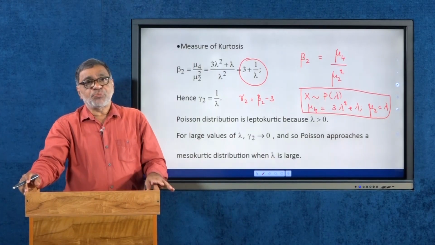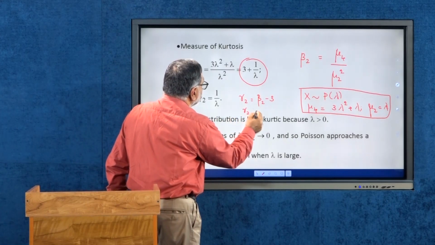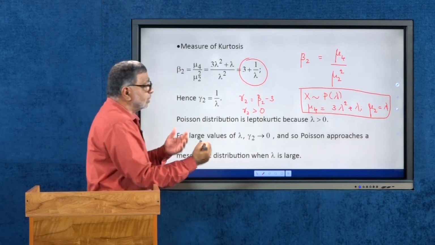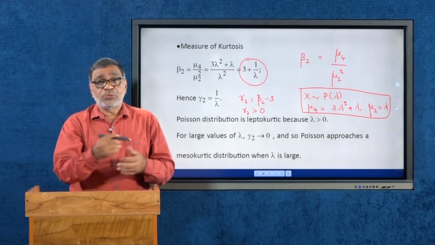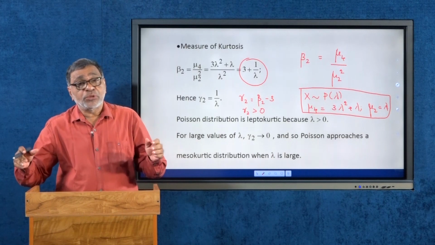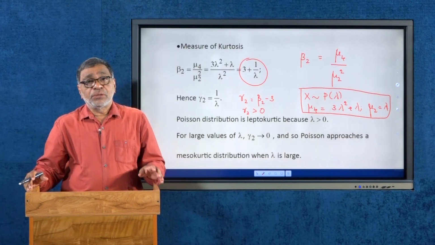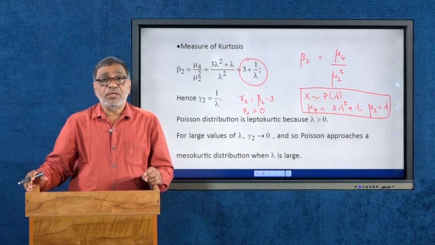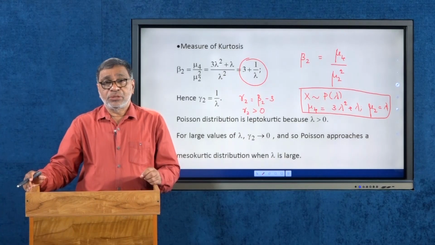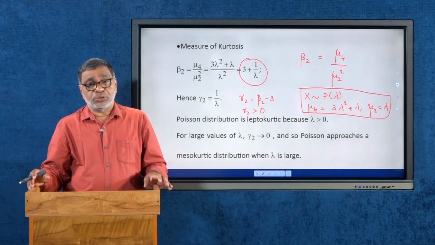So gamma 2 is positive. And since gamma 2 is positive, we call the distribution leptokurtic. That is, when gamma 2 is greater than 0, the distribution is classified as a leptokurtic distribution.